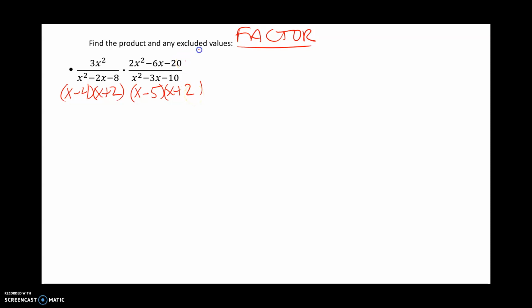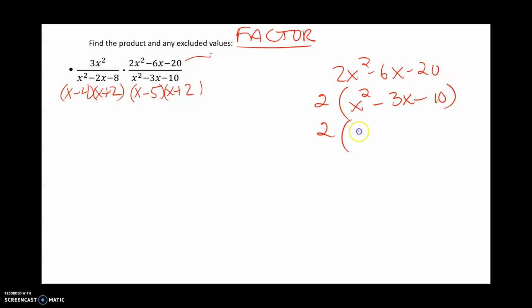Now over here, I'm going to bring in 2x squared minus 6x minus 20. You might need to take it to the side and spend a little room trying to factor this thing. So notice what we have there. We do have, again, x minus 5, x plus 2. So that can go up here.